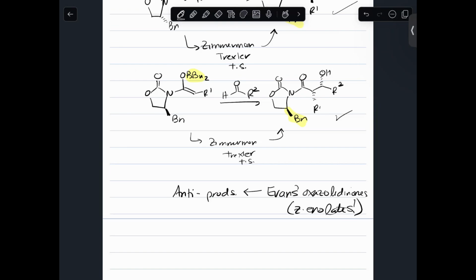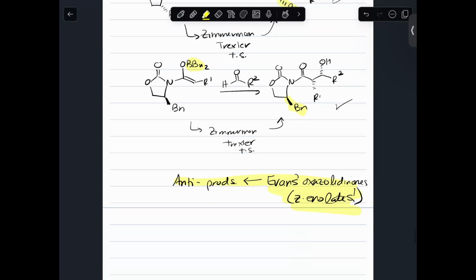So why are we getting anti-products if we're forming Z enolates? We learned in the first part of the lecture that Z enolates only give us syn products. And Evans oxazolidinone Z enolates also give us syn products enantiomerically. So why is it now that Z enolates are giving us anti-products?